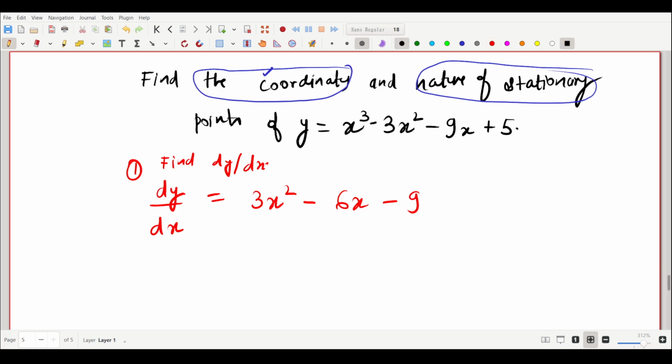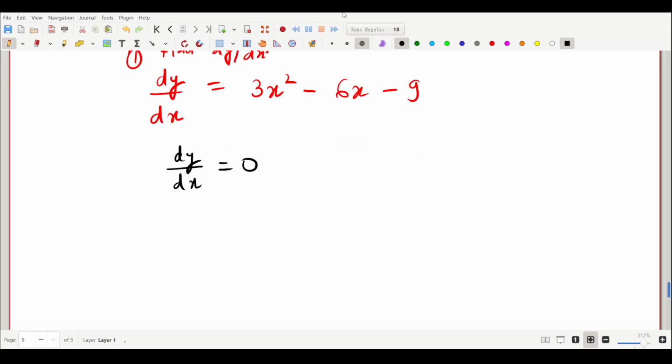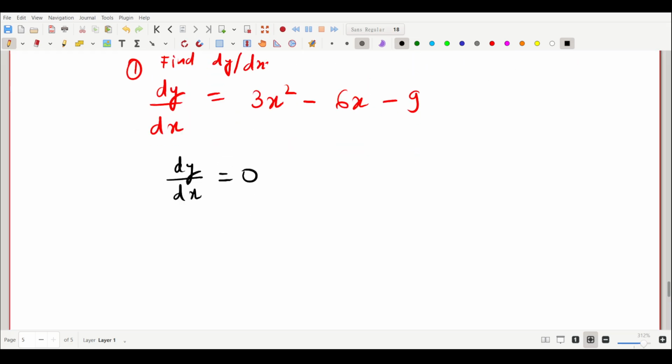Once we have figured it out, compare the dy over dx that you have found with 0. Put dy over dx equals 0 and find the value of x. So it will become 3x square minus 6x minus 9 equals 0, because this is the value of dy over dx. Let's take 3 common.